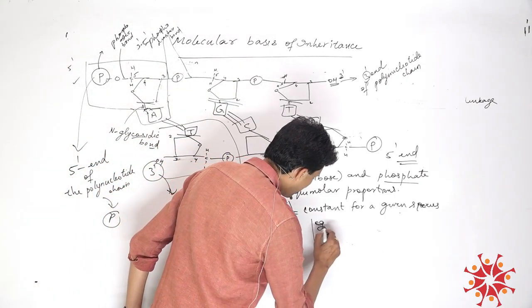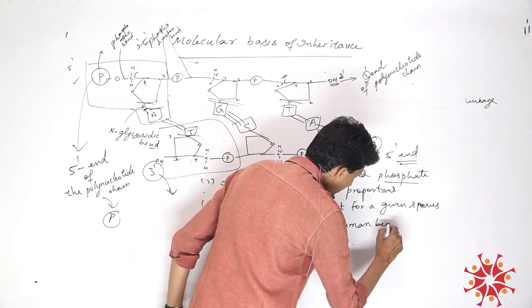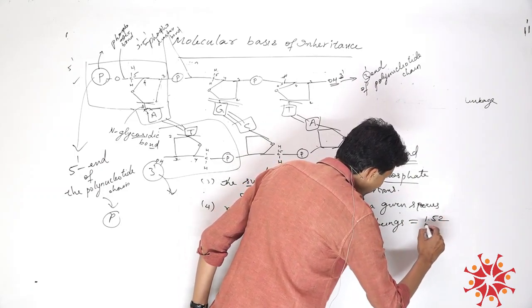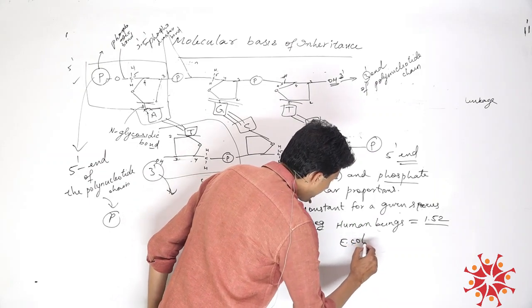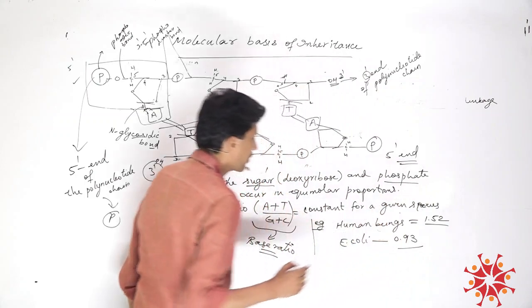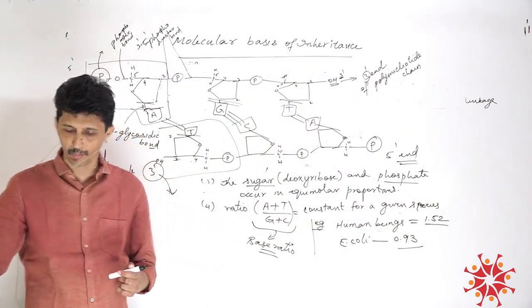For example, for human beings this base ratio is equal to 1.52, and in case of the bacteria E. coli, it is equal to 0.93. So this is constant for E. coli, that is constant for human being.